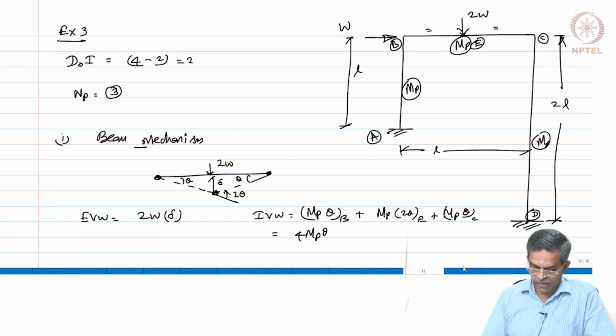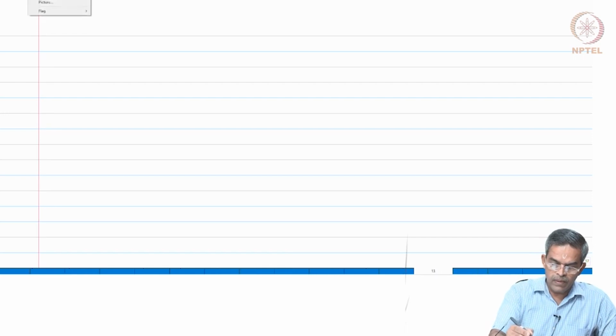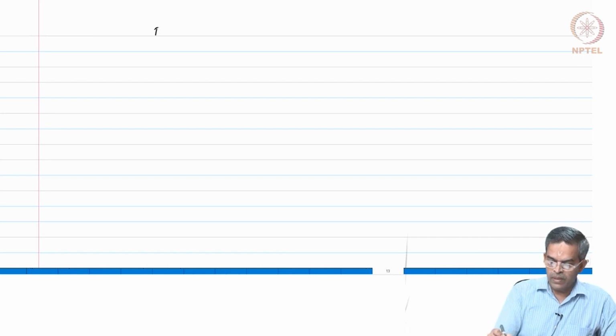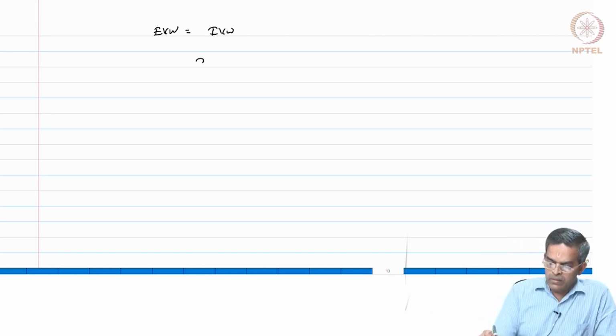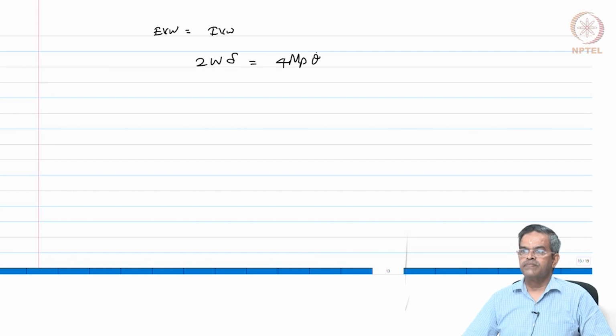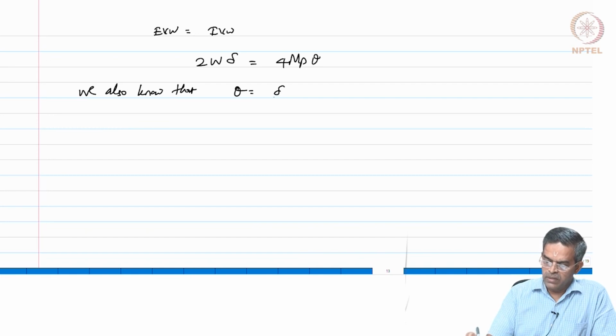So, equating external virtual work to internal virtual work, 2W del should be equal to 4 MP theta, is it not? And we also know from the figure that theta is del by L.